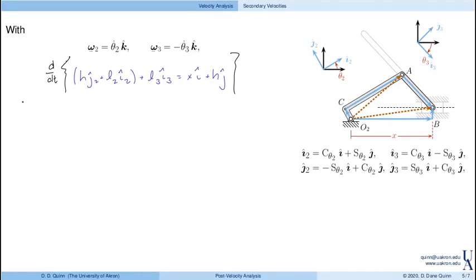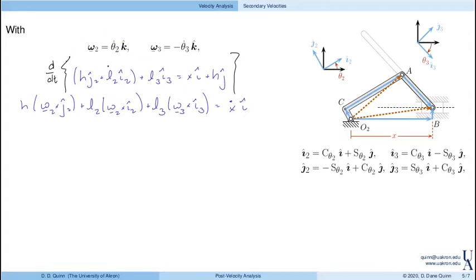So this first piece becomes h times omega 2 cross J2 plus L2 omega 2 cross I2 plus L3 omega 3 cross I3 equals, now x changes but I is fixed. So this is just x dot in the I direction. And then h in the J direction is a constant vector, so its derivative is equal to 0.